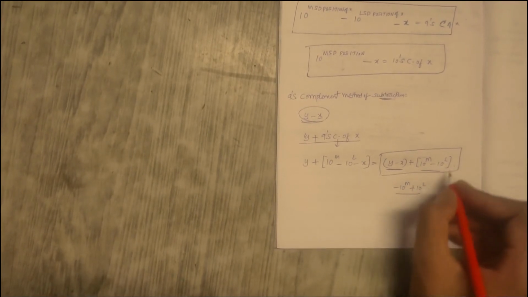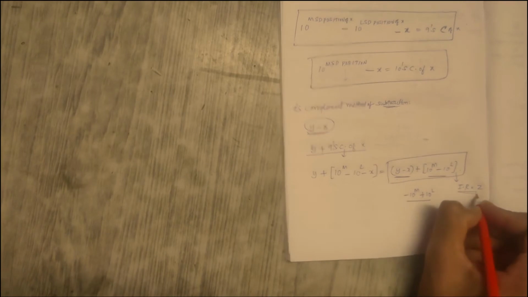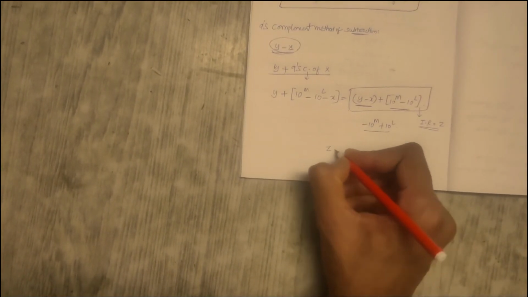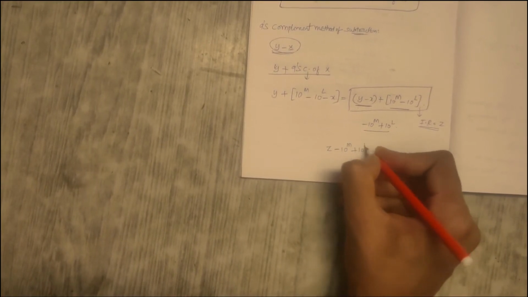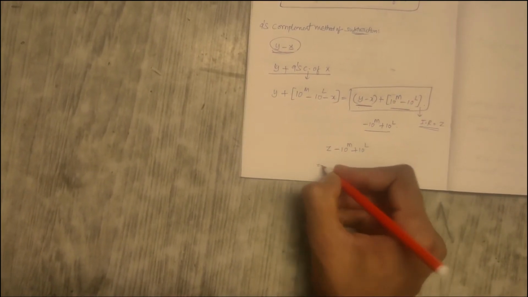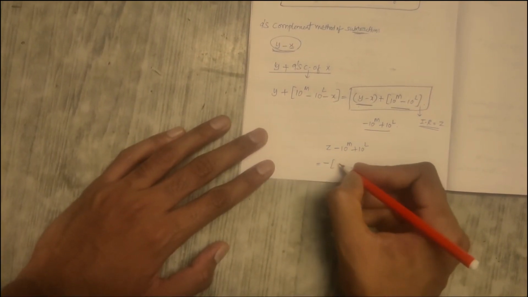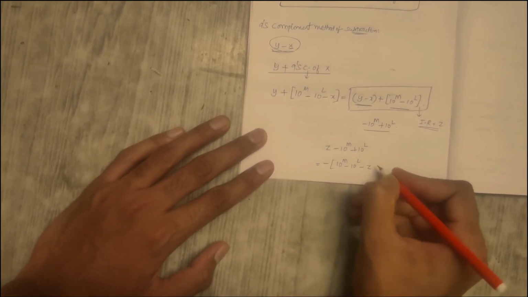This is the intermediate result, and I will call it z. So from that z, I need to subtract 10 power m and add 10 power l. If I take minus common, I get minus of 10 power m minus 10 power l minus z.